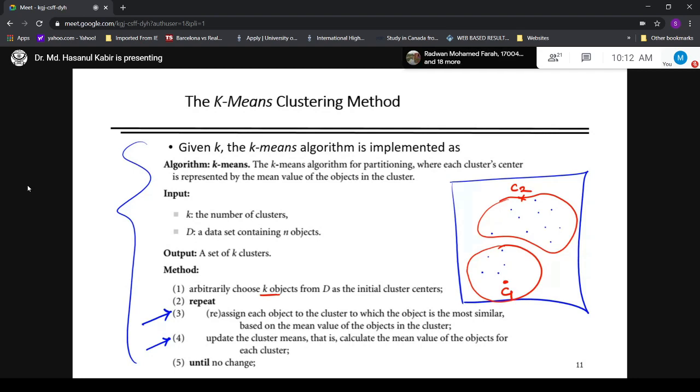Once the assignment has been done, the next step is to update the cluster center. Because if I look at this cluster 2, do you think the center should be at the side of the cluster? Yes or no? No. Then what should we do? We should update the cluster center. Since it is the K-means clustering algorithm, how do we compute the new cluster center?